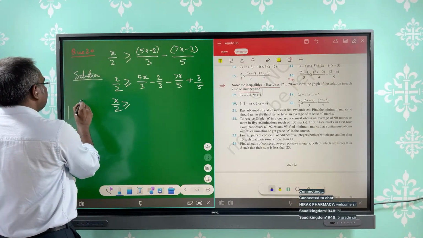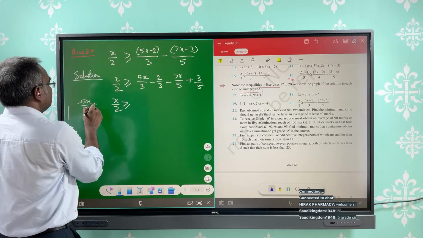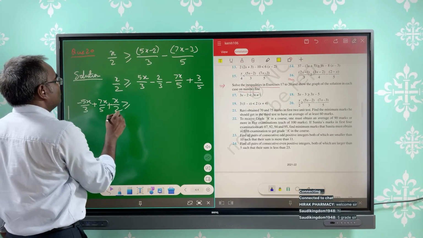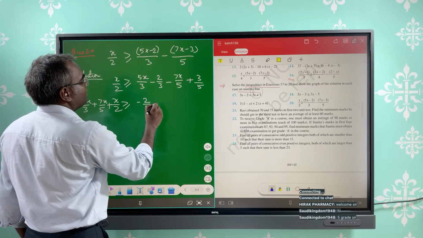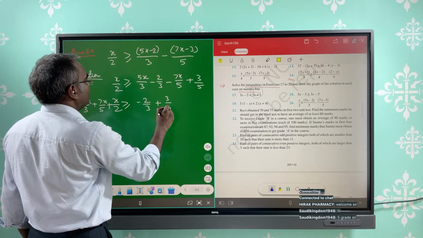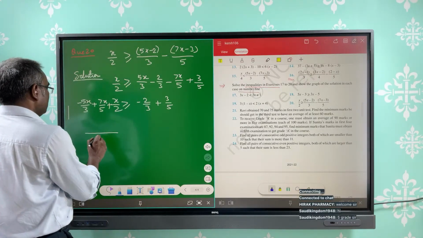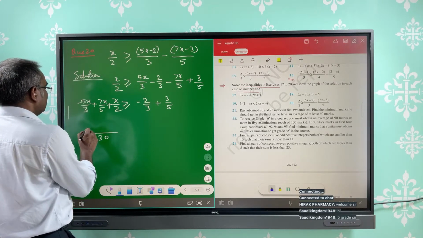So you can write minus 5x by 3 plus 7x by 5 plus x by 2, and we are left with minus 2 by 3 plus 3 by 5 on the right side. So let us take the LCM, that means LCM is 30.